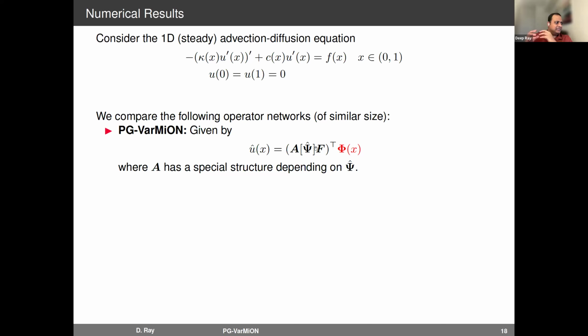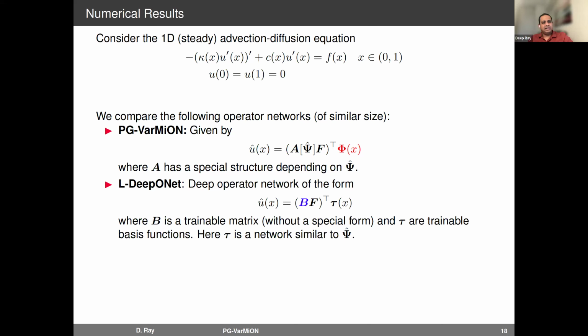And this A has a very special structure that depends on the psi hat. It's not just any trainable matrix, but a very specialized kind of matrix that depends on a network psi hat, which is representing my unknown weighting functions.